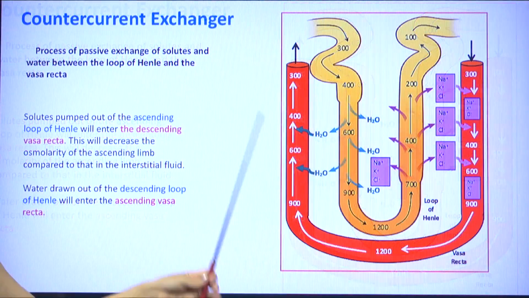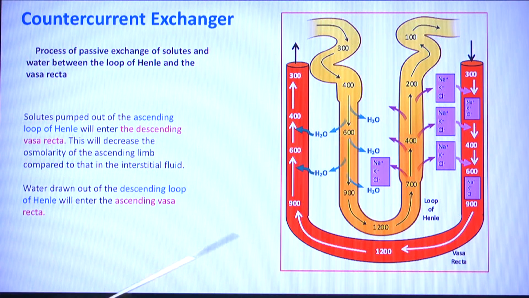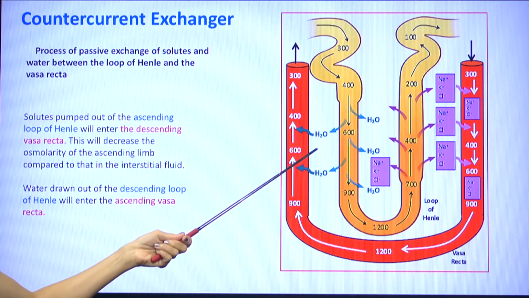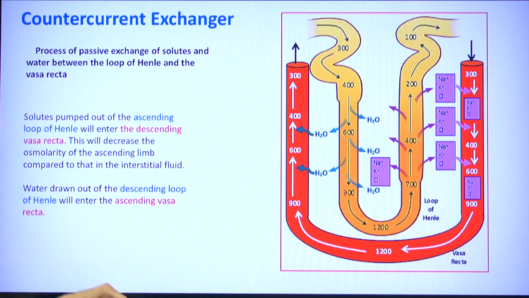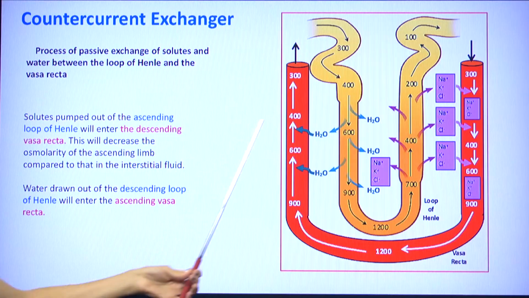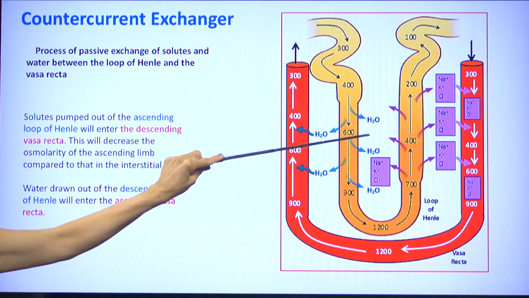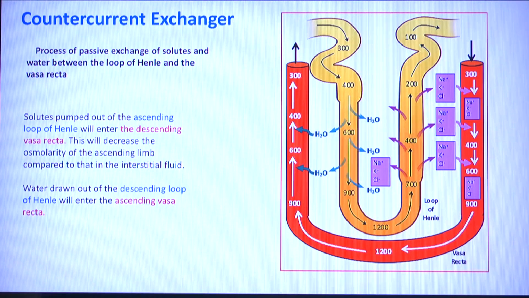And this will maintain the hyperosmolar medium in the interstitial fluid, so we can continue to do this function. So far, we are reabsorbing solutes, and we are maintaining this hyperosmolarity in the interstitial fluid.